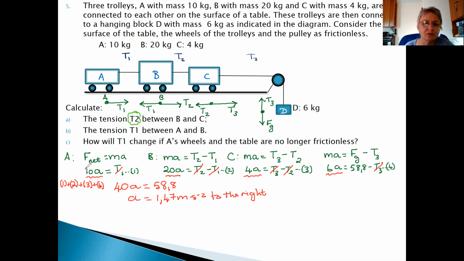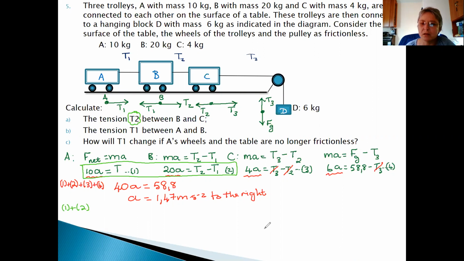To calculate T2, I need to add equation 1 and 2.